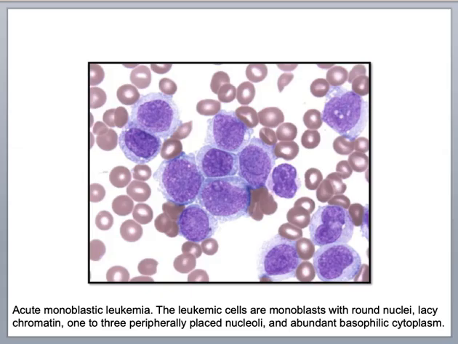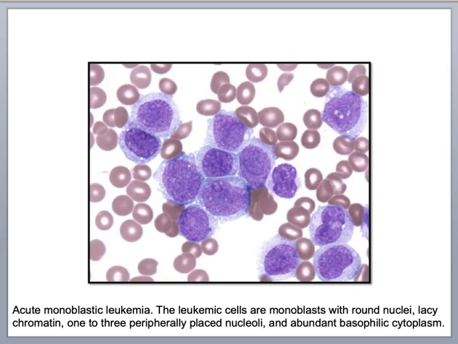The other unique thing is that the morphology is slightly different. So the monoblasts, as opposed to APL, in general AML, the leukemic cells have round nuclei and a lacy fine chromatin.